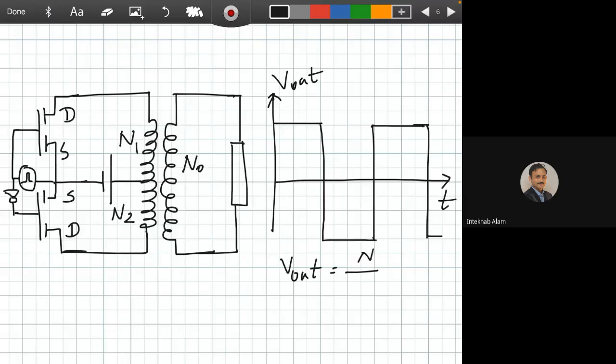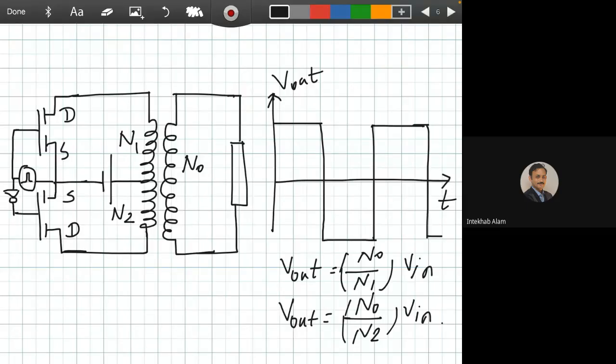If you want to ask any question, you may ask. I'm just writing the equations now. So V out will be N0 divided by N1 into V in, and another V out will be N0 by N2 into V in.